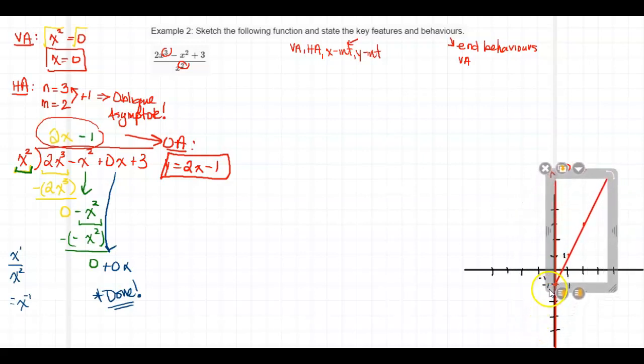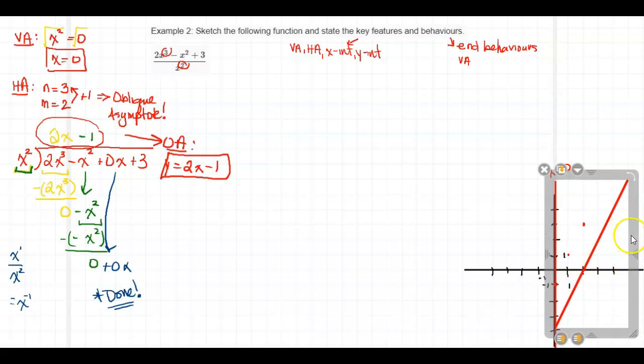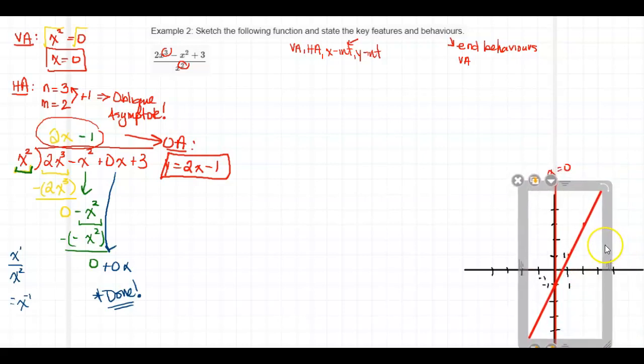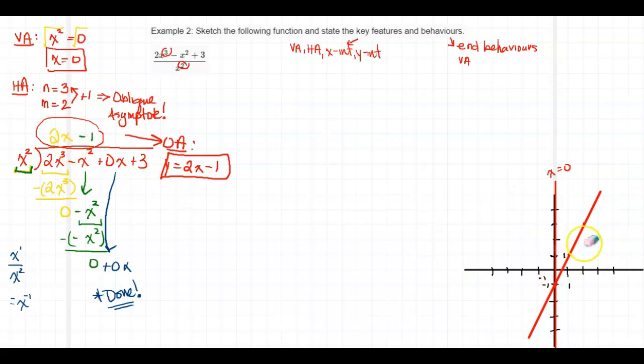Maybe not. That's okay. Maybe I can do it this way. There we go. That'll work. Alright, I'll make that one a dotted line because it is an asymptote. Okay, and we're going to label this as my y equals 2x minus 1. Okay, so there is my vertical and oblique asymptote.